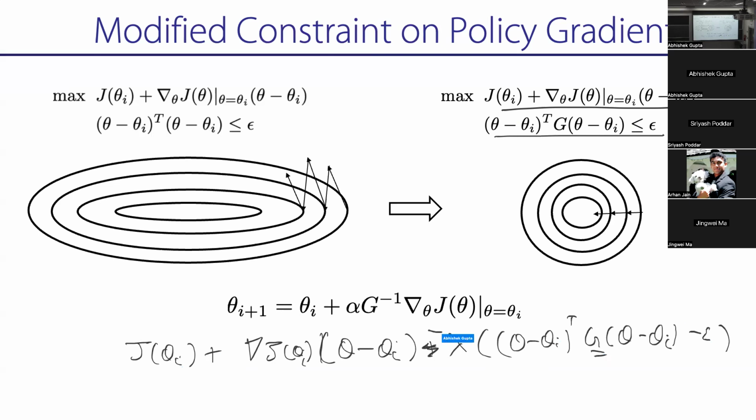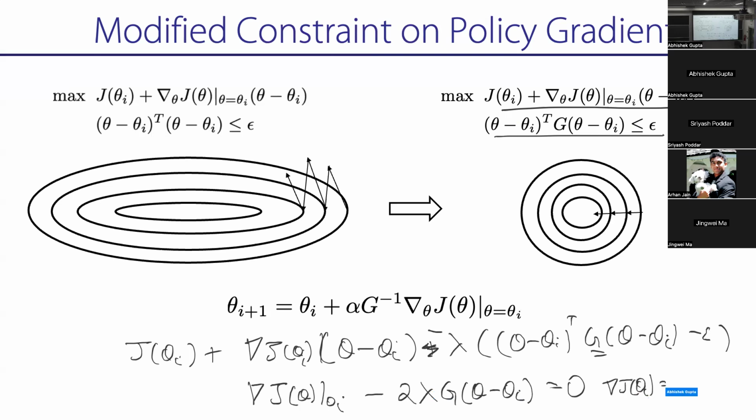You're still going to get grad J(theta), but with this G term. You can move this to the other side and say grad J(theta_i) is equal to G (theta minus theta_i). You multiply both sides by G inverse.